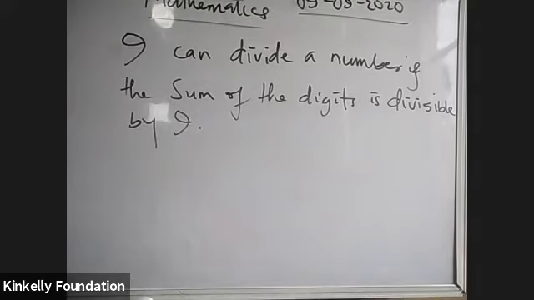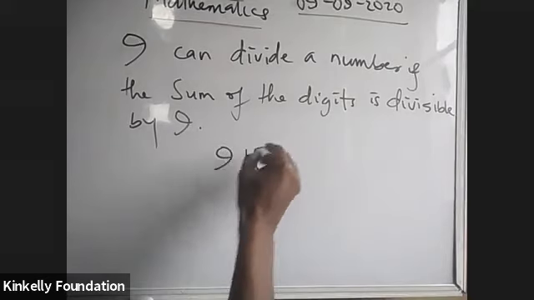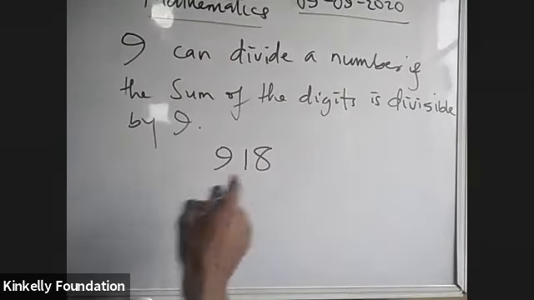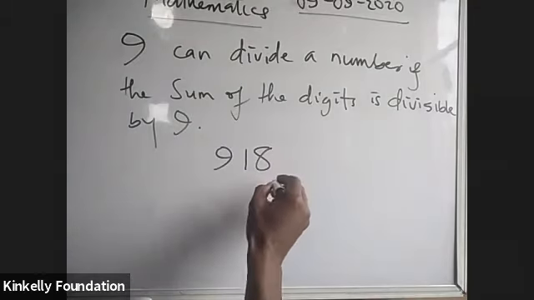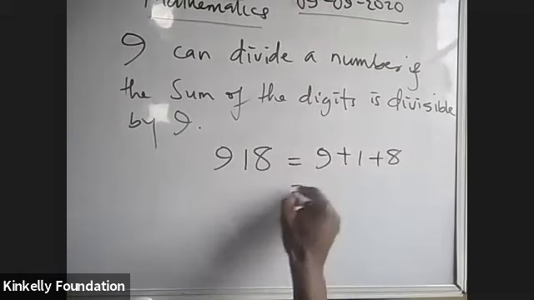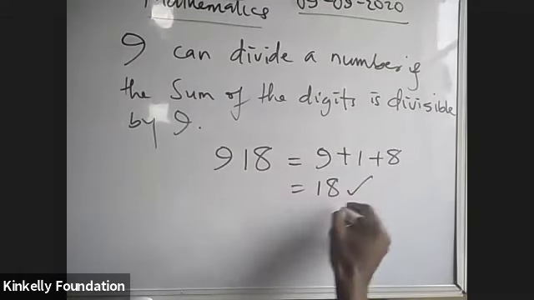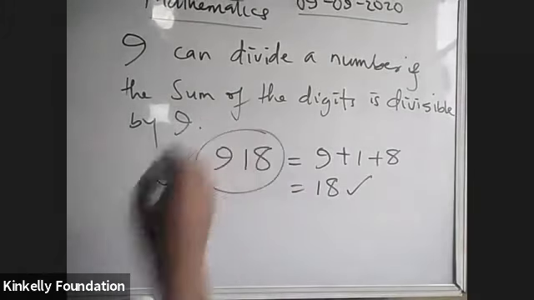Example, we have 918. It can be divided by 9 because what? The sum of these digits gives us what? 9 plus 1 plus 8 to give us 18, which is divisible by 9. So this number can be divided by 9.